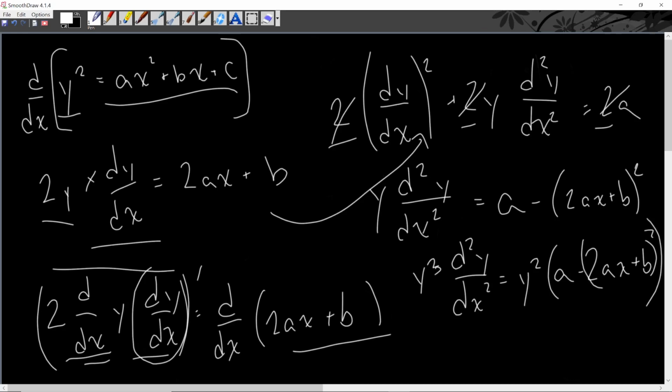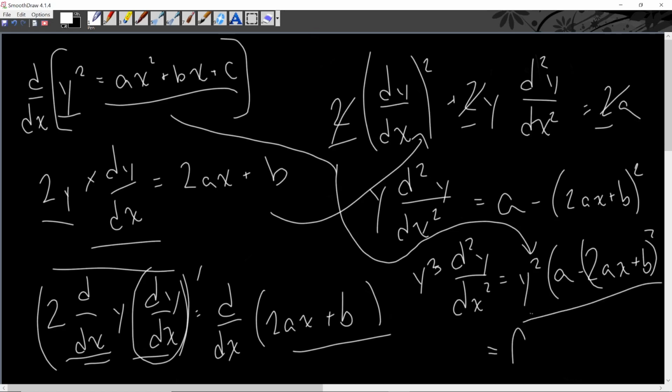And then from here, since y squared was originally defined as a function of x all the way up there, if y squared equals ax squared plus bx plus c, then ax squared plus bx plus c times all of this is still going to be a function of x. I think it's kind of obvious because you're differentiating with respect to x, and your input's always going to be an x.